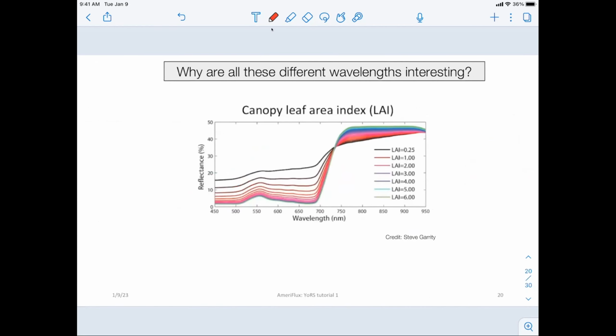And then at larger scales, when we're making measurements of entire canopies, we get large changes in reflectance due to leaf area index. As we increase our LAI from 0 to 6, for example, we can begin to see where these changes start to manifest themselves.